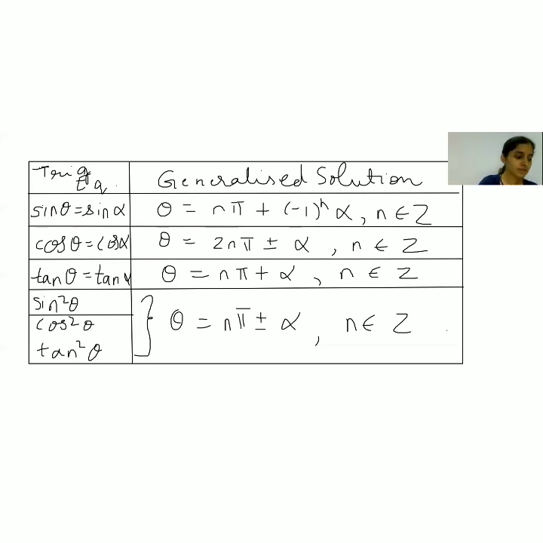The first one is: get the generalized solution for sine theta is equal to root 3 by 2. First thing you have to understand, root 3 by 2 means first find the angle alpha. So sine theta is equal to sine of which angle? Sine 60, so sine of pi by 3.